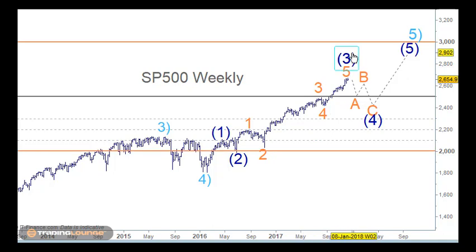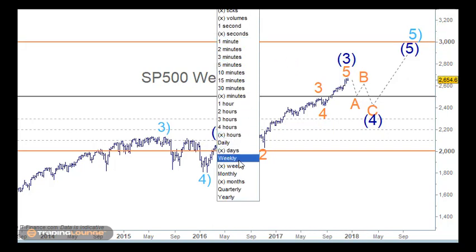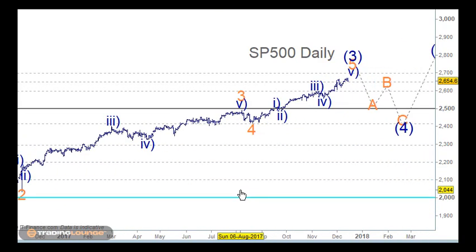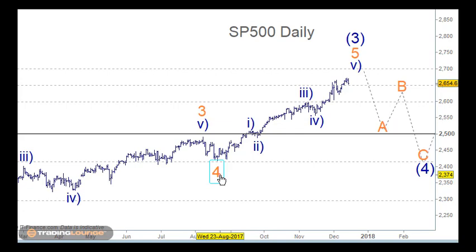So in intermediate wave 3, we're looking for 5 waves of the next degree smaller, which is minor degree. So 1 and 2 and 3 and 4, and looking up for wave 5. So on the daily chart here, we're bringing it back into wave 4 of minor degree.